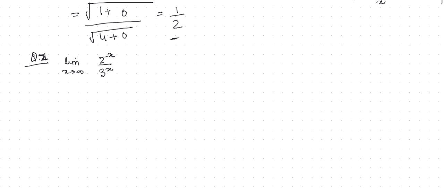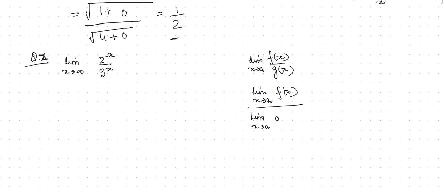So by using the limit law, we know limit x tends to a f of x over g of x, so that would be, we can say limit x tends to a f of x and limit x tends to a g of x.